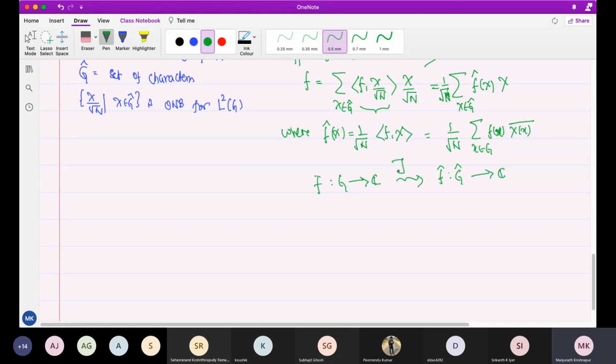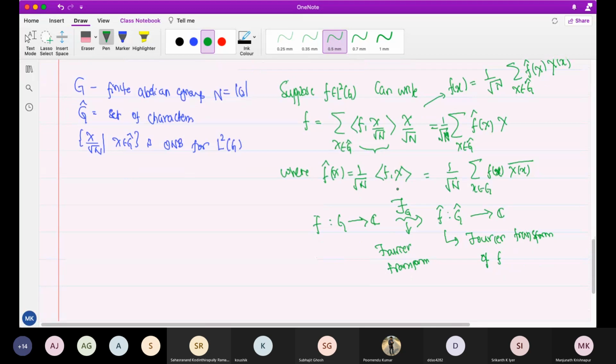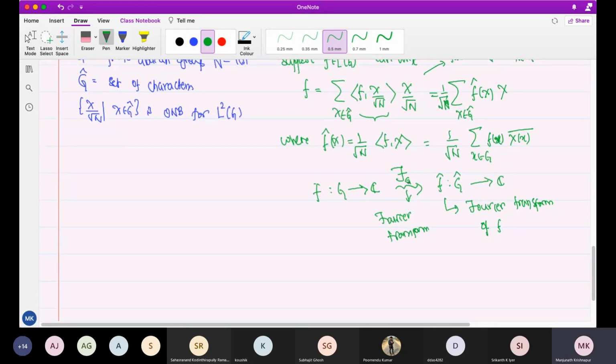This mapping f to f hat is called a Fourier transform, or the Fourier transform on the group G. We say f hat is the Fourier transform of f, but the Fourier transform itself is the mapping that takes a function on G to a function on G hat. That is what we call the Fourier transform.